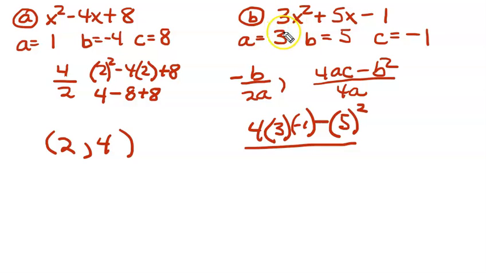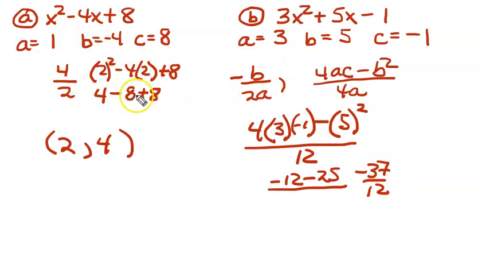Well, 4 times a is going to be 12. So this is going to be a negative 12 here. And this is going to be a negative 25. And this then becomes, let's see, a negative 37 over 12.